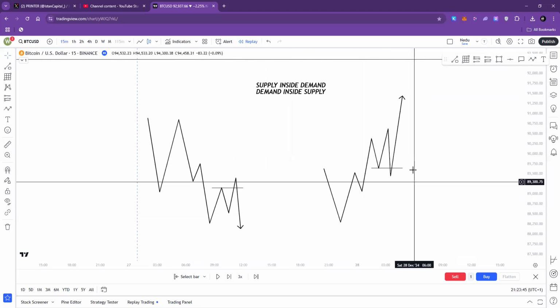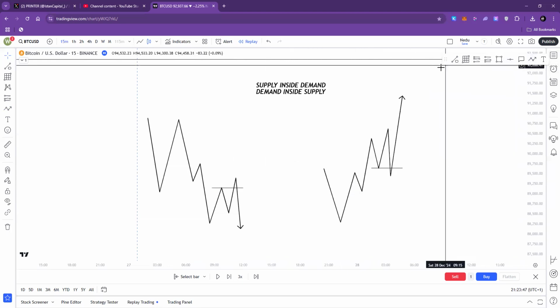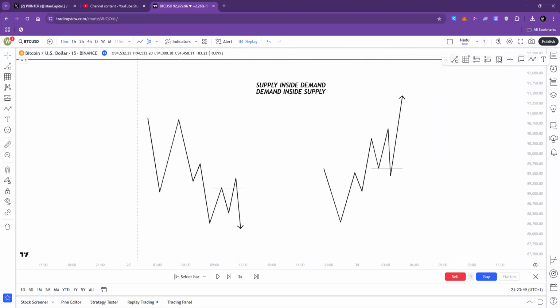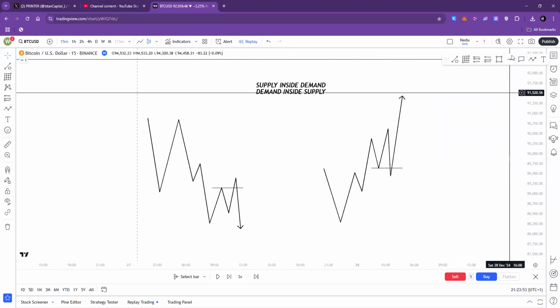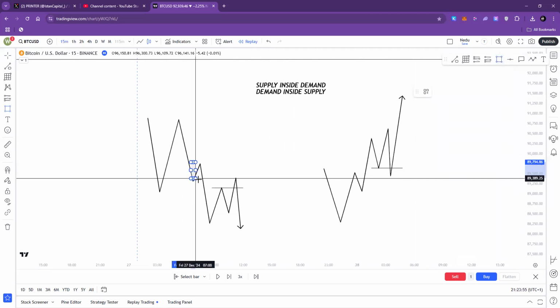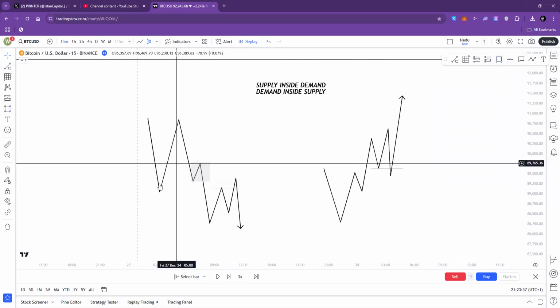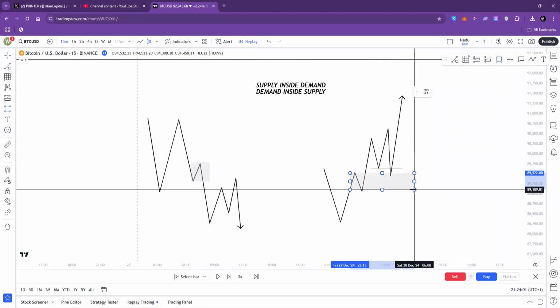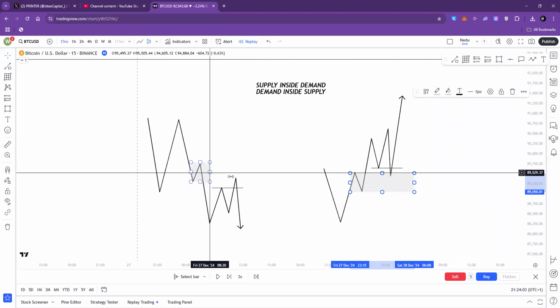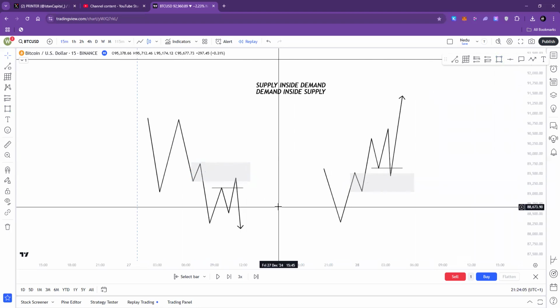This is the flip zone entry, as easy as it can be. The supply inside a demand, or demand inside a supply, flip zone.